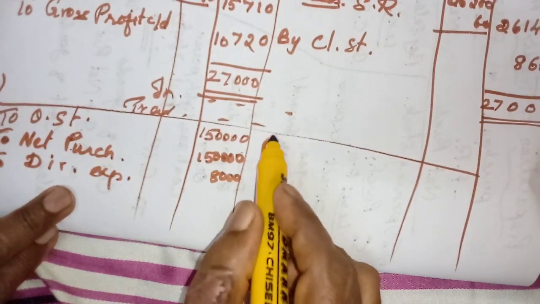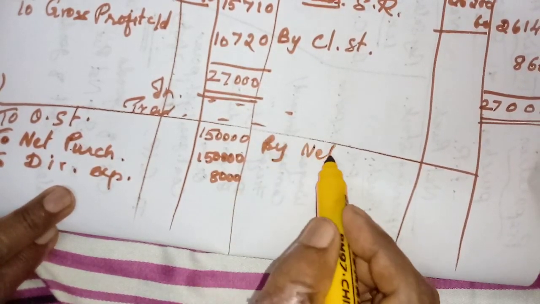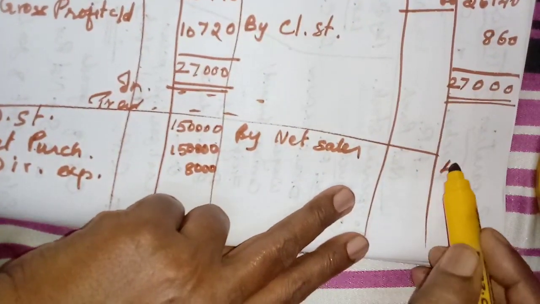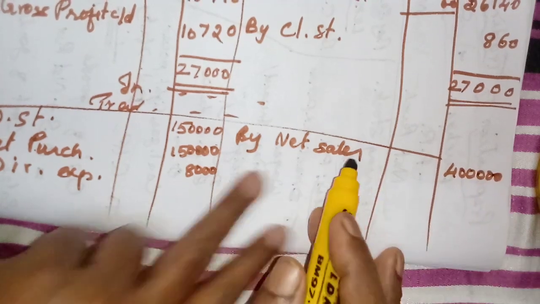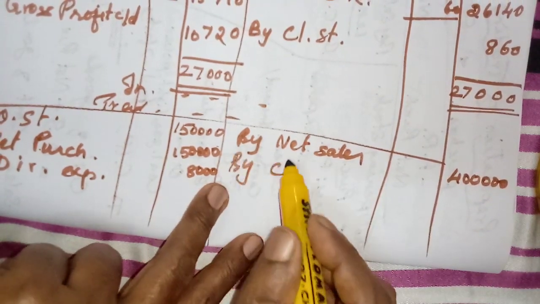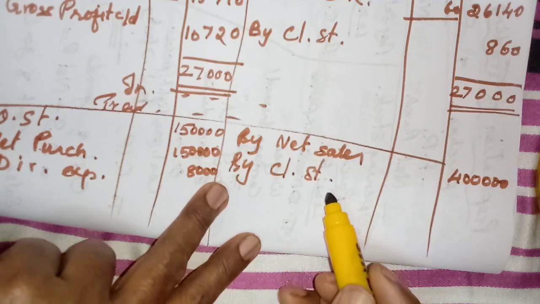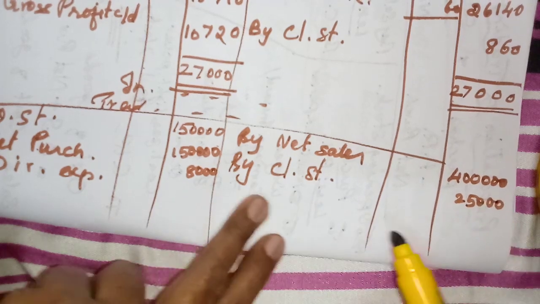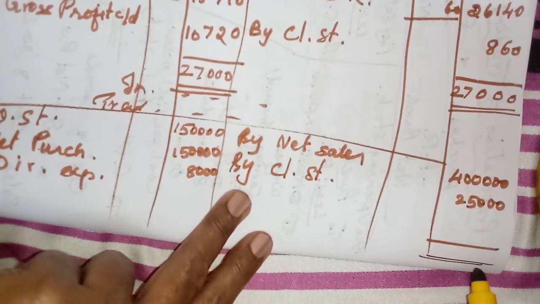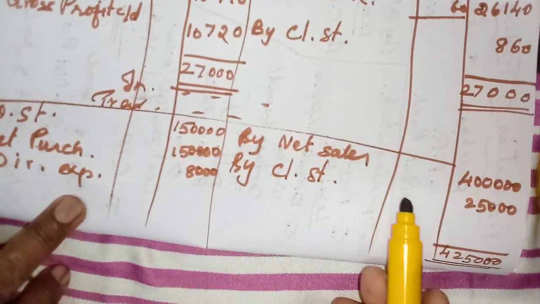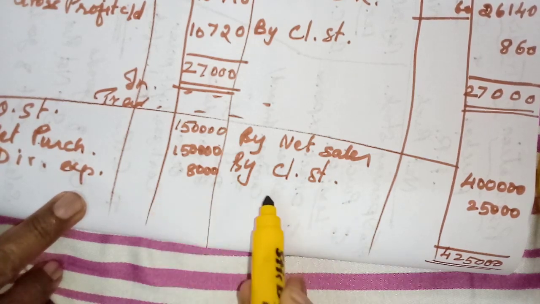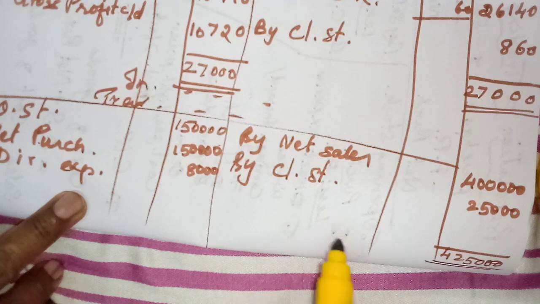Then by sales, what is given? Net sales 4 lakh. Then by closing stock 25,000. Easy one. So we will add the credit side only, more: 4 lakh 25,000. If net sales is more, we will get profit. But if sales is less and we get the balance on this side, then it is gross loss.